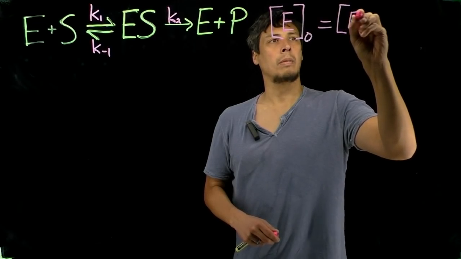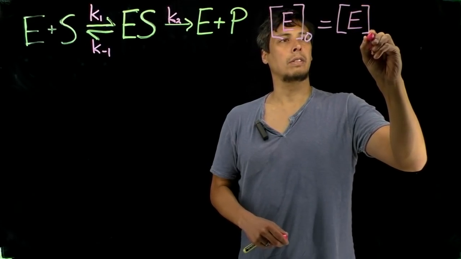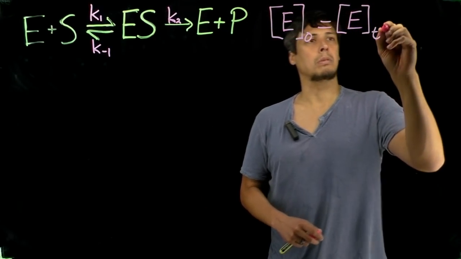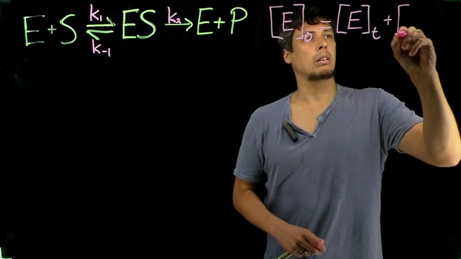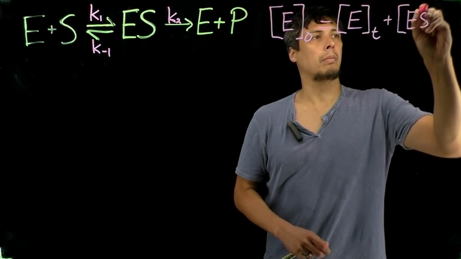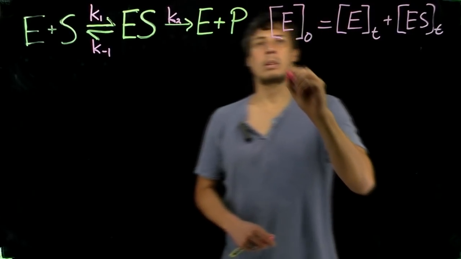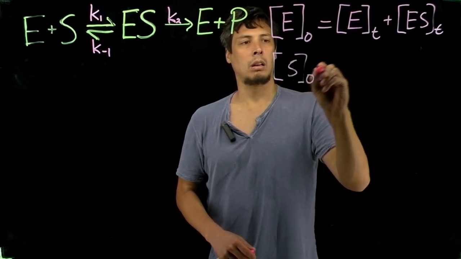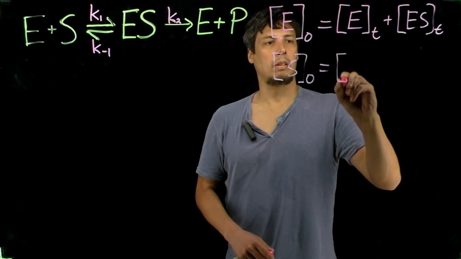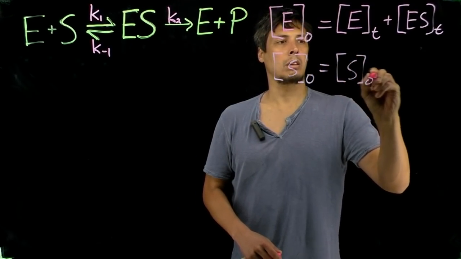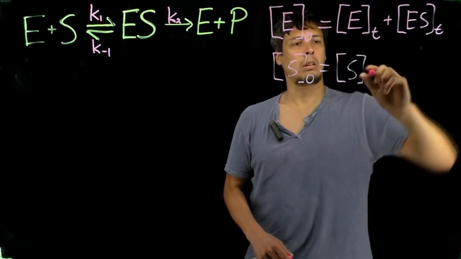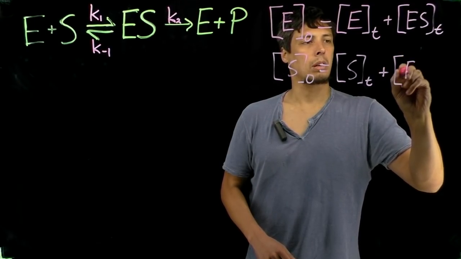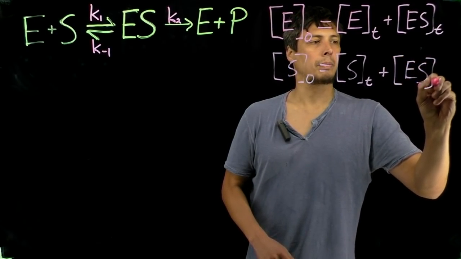So we can say that the initial concentration of E is equal to the amount of enzyme that still doesn't have substrate bound plus the amount that has substrate bound at any time t. We do the same thing for S naught: free substrate S of t plus enzyme substrate complex at any given time t.